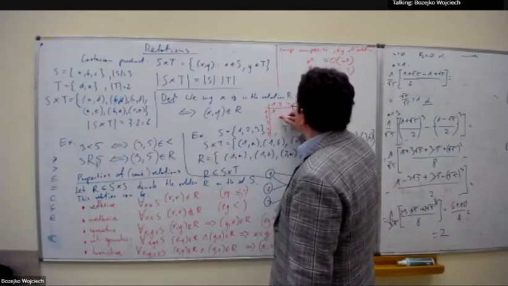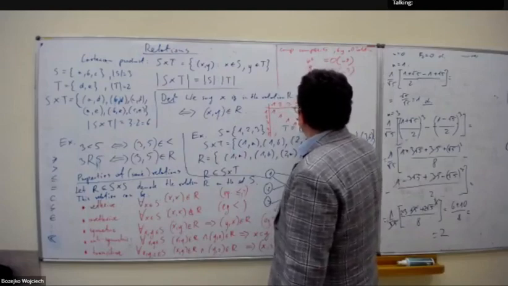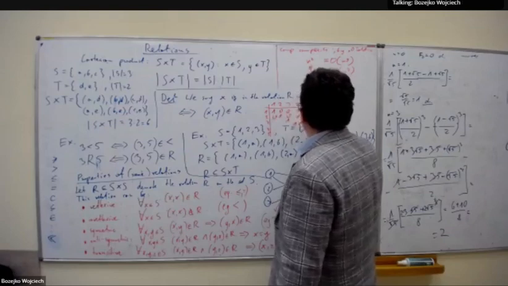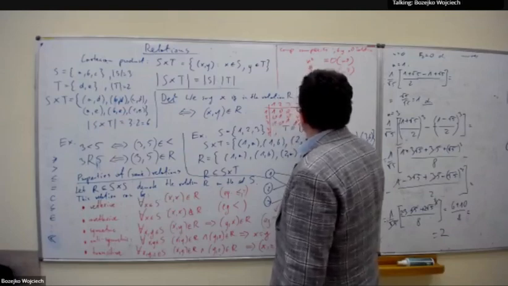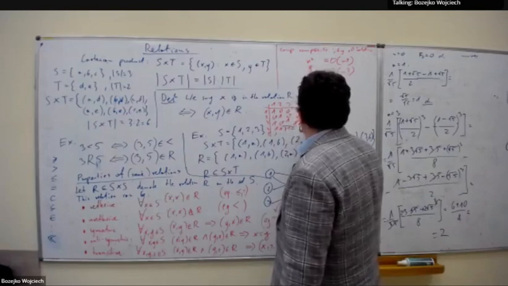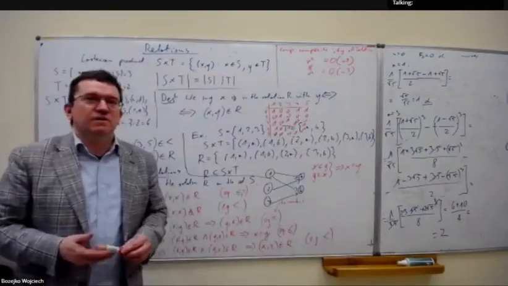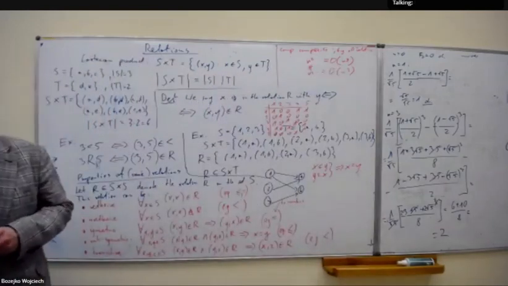Yes, and here we have some ones, zeros, and in such a method we can remember in the computer if something belongs to the relation or not. And so this is very natural for making it in the form of a binary matrix.